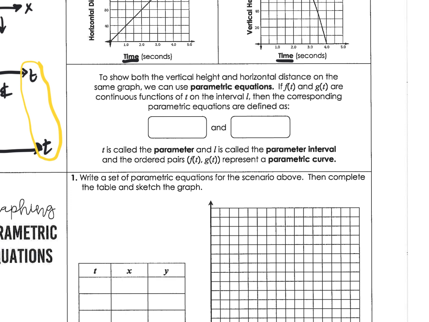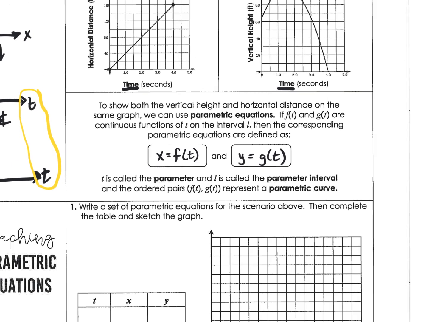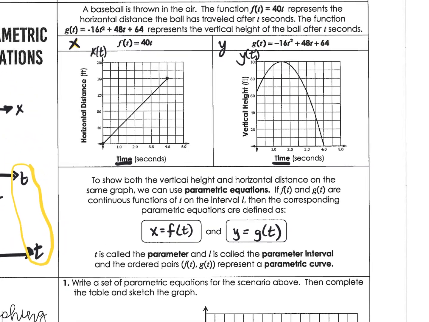Okay? So the parametric equations we define x as our f of t and y as our g of t. Now, why did we do that? Because look what we did. We said this was our x and this was our y, didn't we?